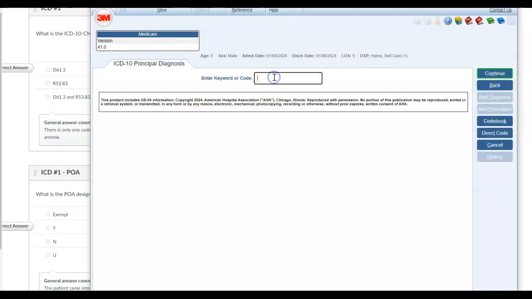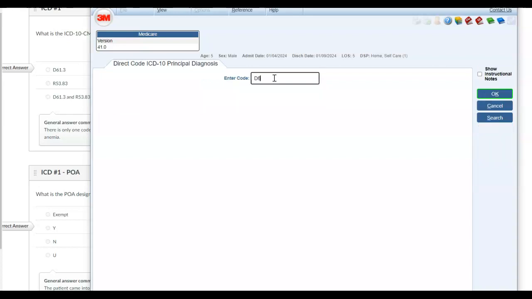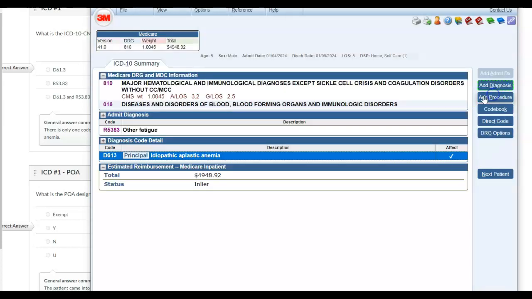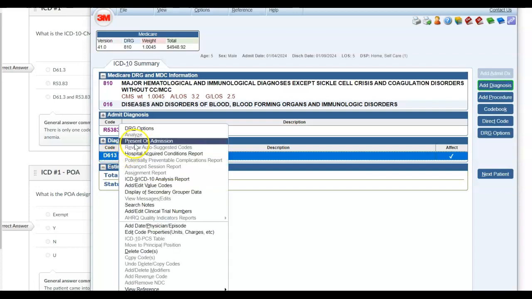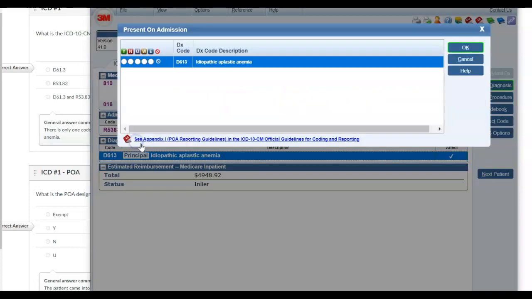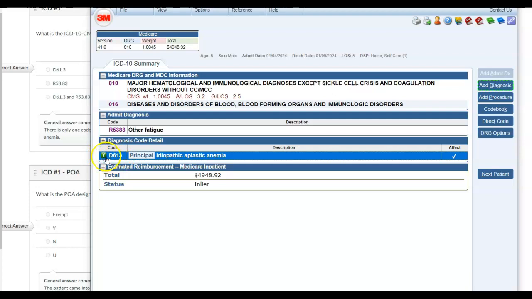Now our principal diagnosis, which is our anemia. And now I am going to go ahead and show you, I go to my anemia. I'm going to right click it for present on admission. I'm going to hit the Y here for yes and hit OK. And that's automatically put in.